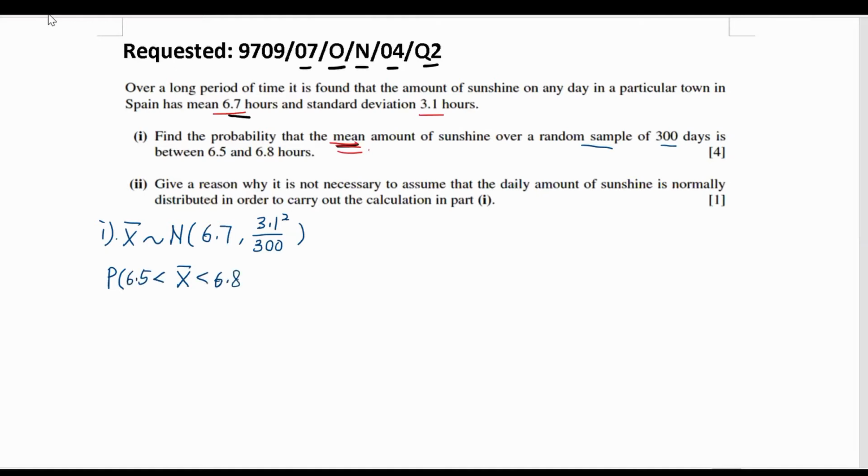and 6.8 hours. Okay, so the first step is always to carry out standardization. 6.5 minus the mean, divided by the standard deviation. Okay, we have to do the same here.